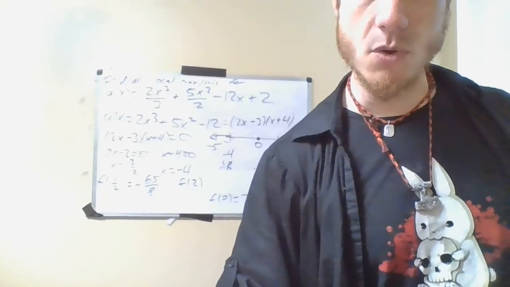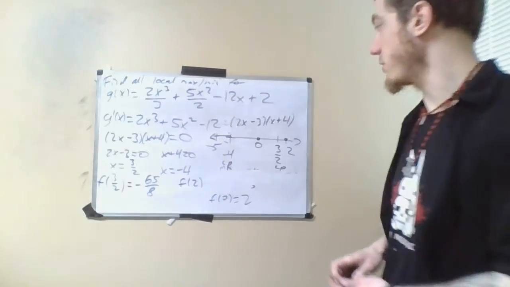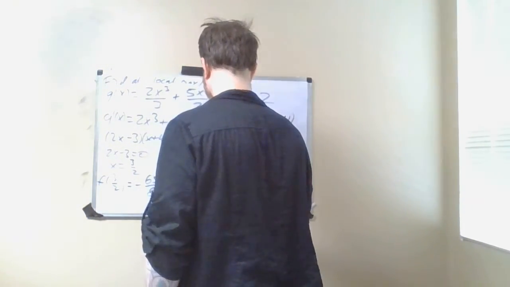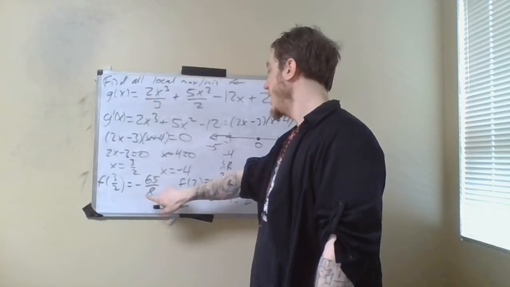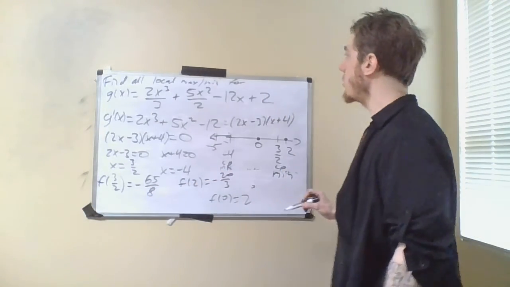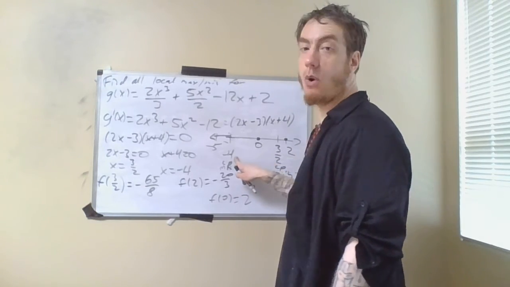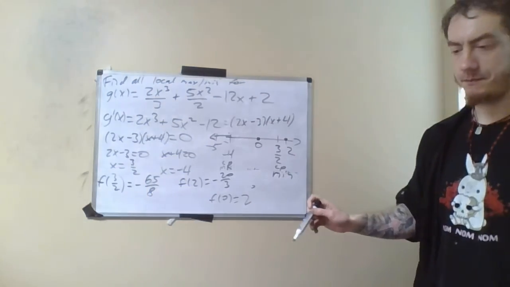This comes out to be -20 over 3. Well, of all of these, f of 3/2 is the smallest, and therefore this is actually a local minimum. So our answer is that we get a local maximum at -4, and we get a local minimum at +3/2.